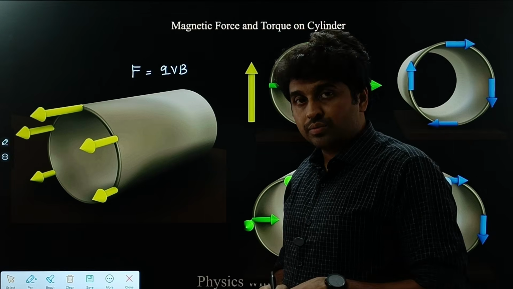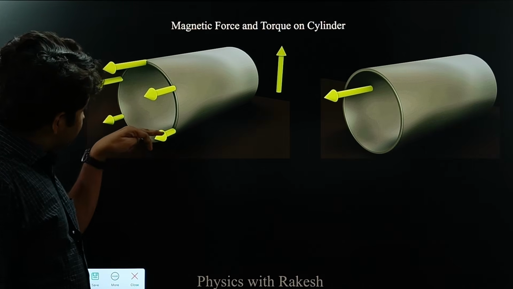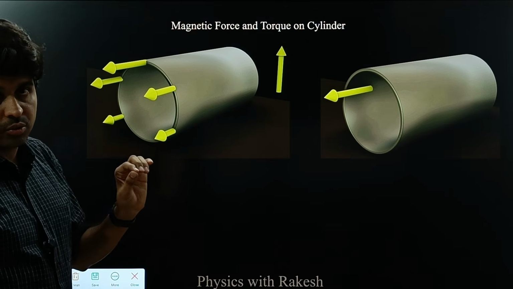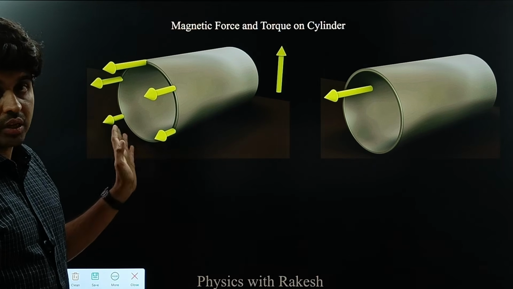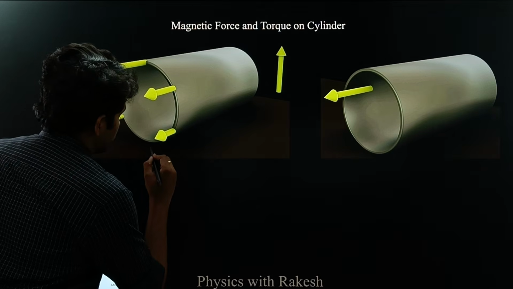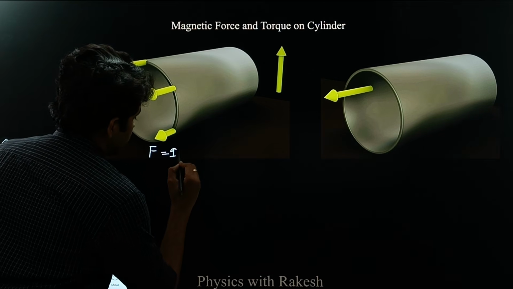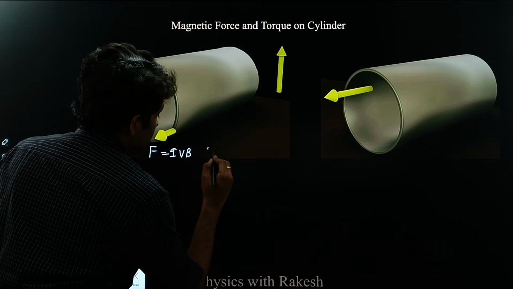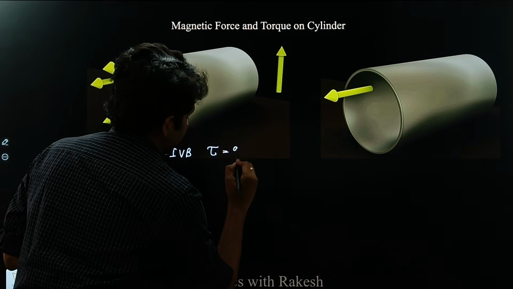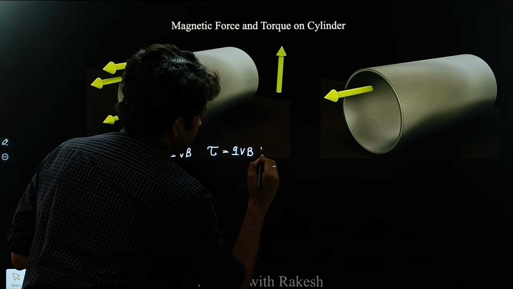Next, we look at the torque. This is a distribution of force, and we want to replace it with one force so that it is easy to work in the free body diagram. What is the torque of this force? The force is equal to QVB, and the torque about the center is QVB into R by 2.